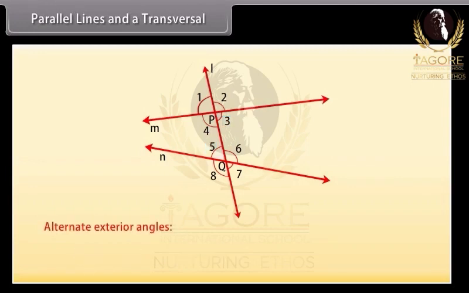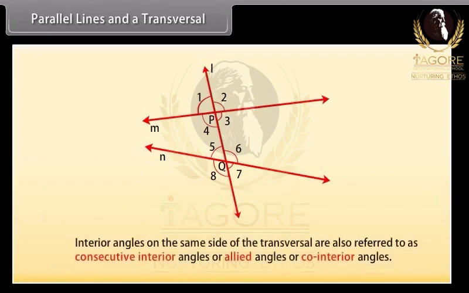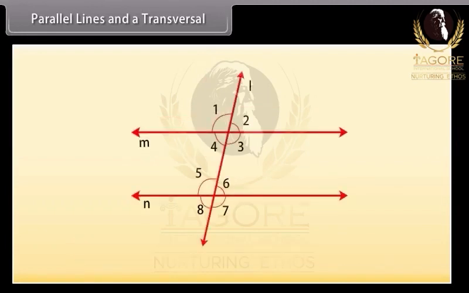Then comes alternate exterior angles, and they are angle 1 and angle 7, angle 2 and angle 8. Next is interior angles on the same side of the transversal. These are angle 4 and angle 5, angle 3 and angle 6. Interior angles on the same side of the transversal are also referred to as consecutive interior angles, allied angles or co-interior angles. Now let us find out the relation between the angles in these pairs when line M is parallel to line N.